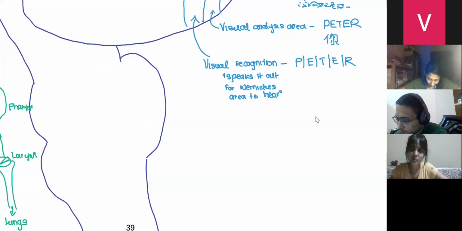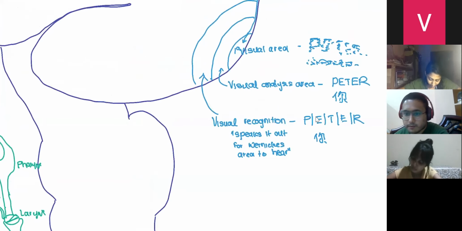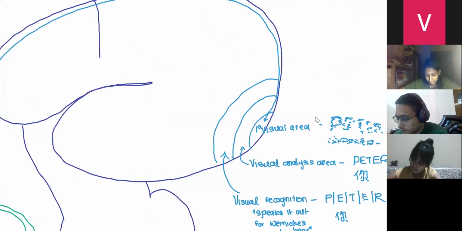It's going to say P, E, T, E, R. And the other one, it's going to be told as knee. So those signals will go into the Wernicke's area.